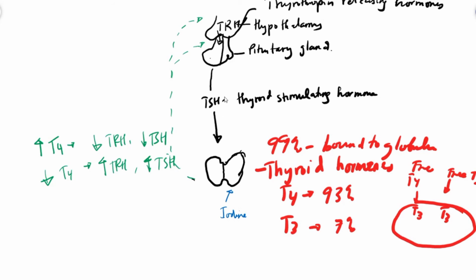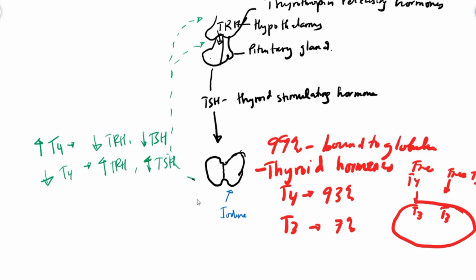As a result, this TSH will stimulate more production of thyroid hormones. And as you see, this is a negative feedback loop mechanism, and it happens daily.